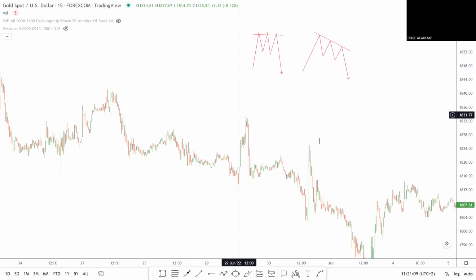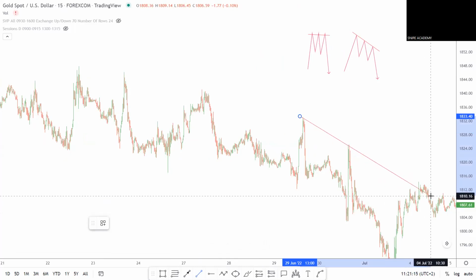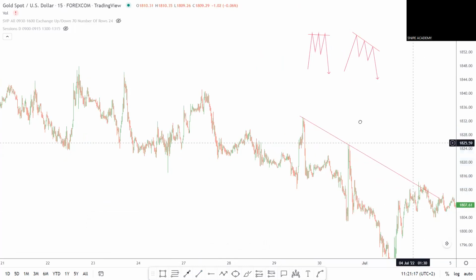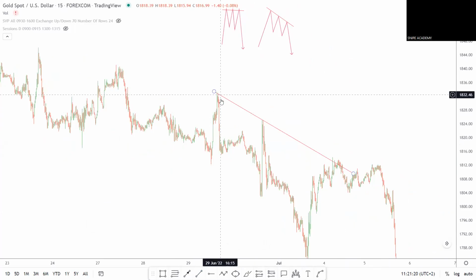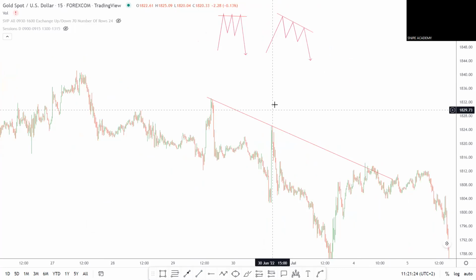I can see a very clear example here. Just right here, you have one. As you see, price is just failing to break above this resistance with inclination, so we then call it a trend line.